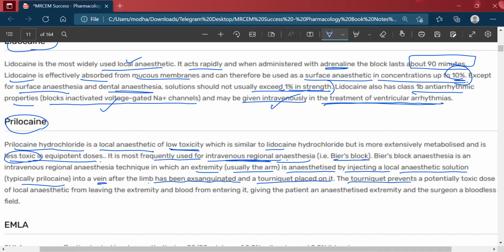The tourniquet prevents a potentially toxic dose of local anesthetic from leaving the extremity and blood from entering it, giving the patient an anesthetized extremity and the surgeon a bloodless field.